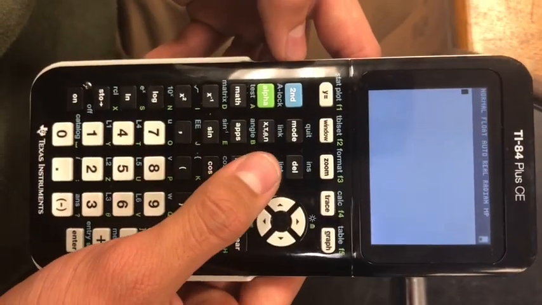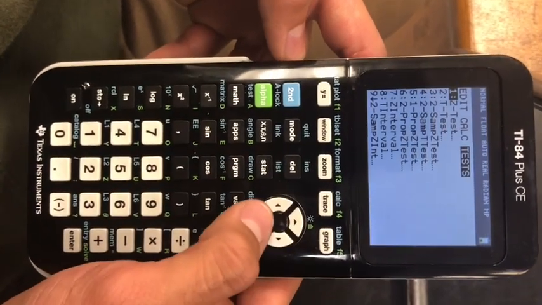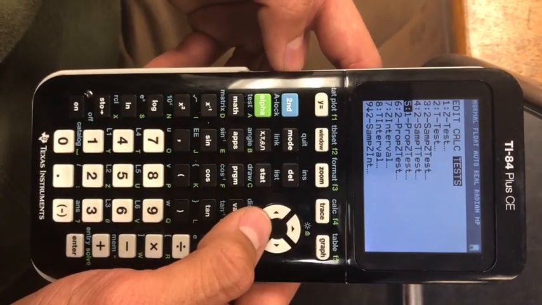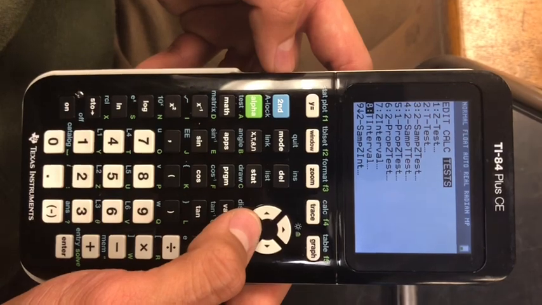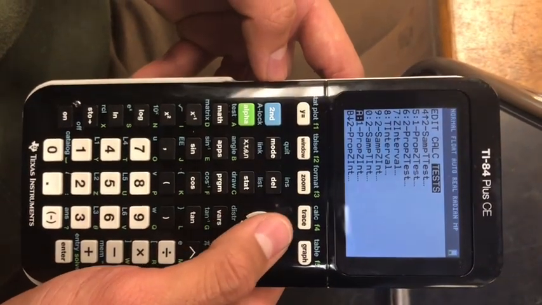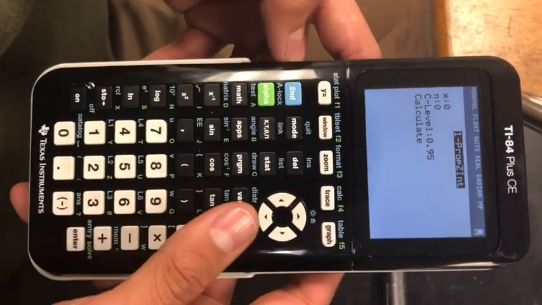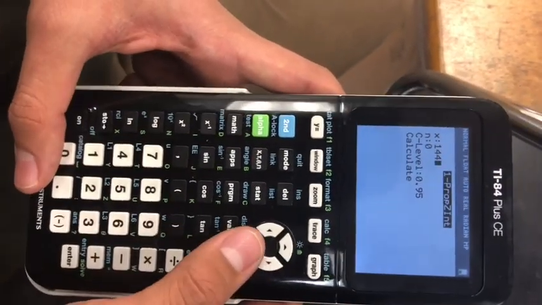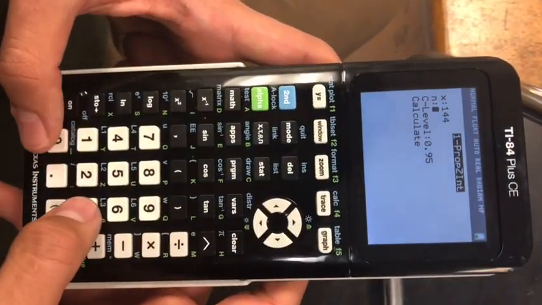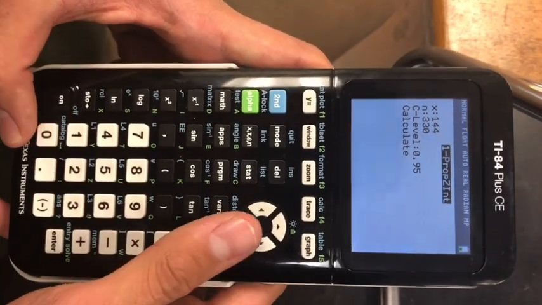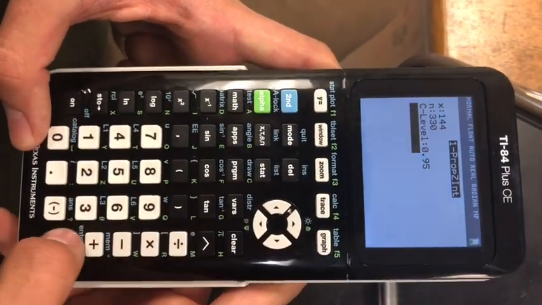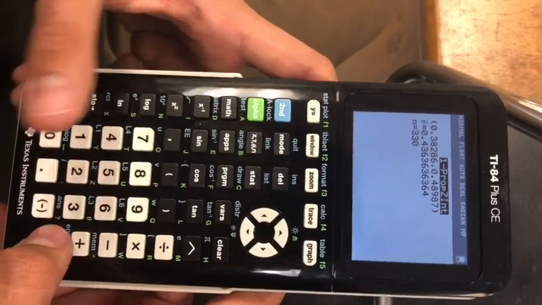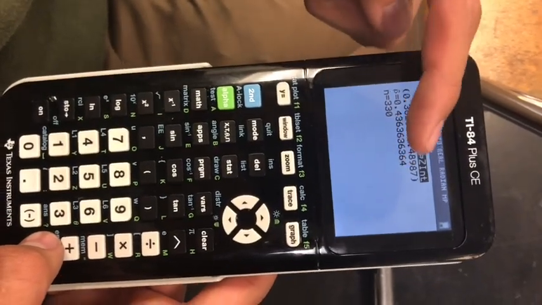Our next step is just calculator work. I'm going to go to stat, test, and remember we are doing a 1-proportion z-interval. Our x, which we saw was 144, so 144 voters said yes, out of a sample size of 330, and we're looking for a 95% confidence interval. Now it gives us these two bounds.